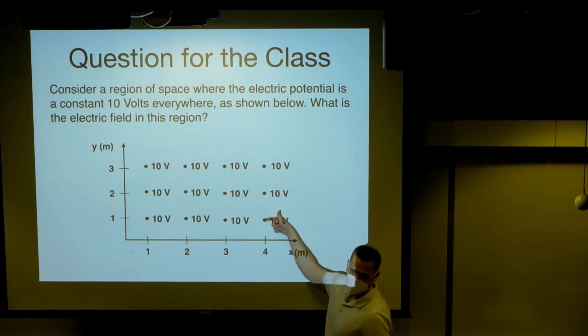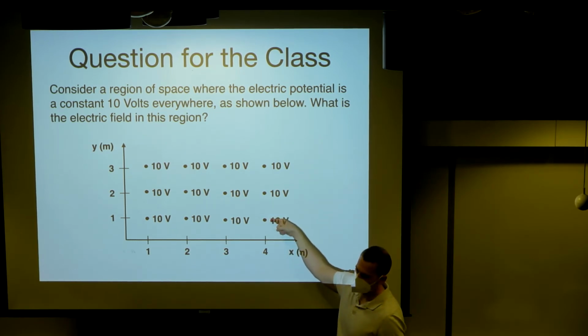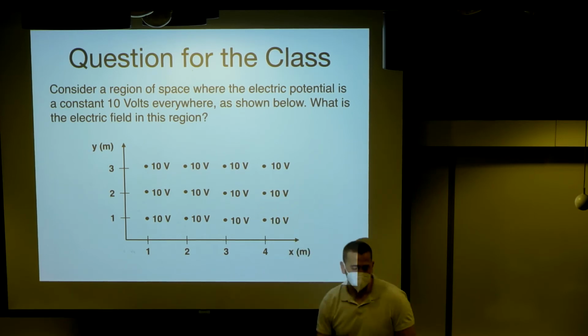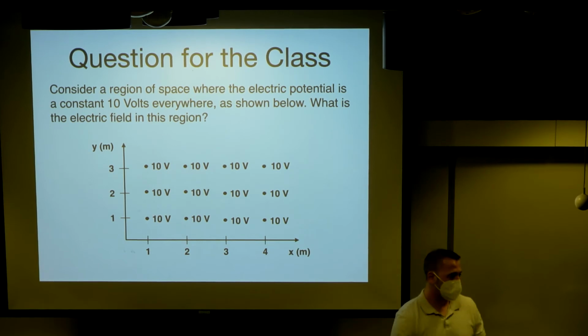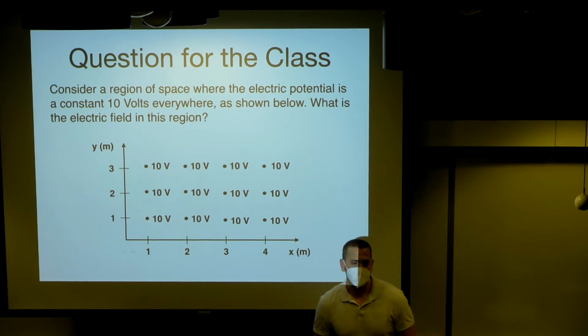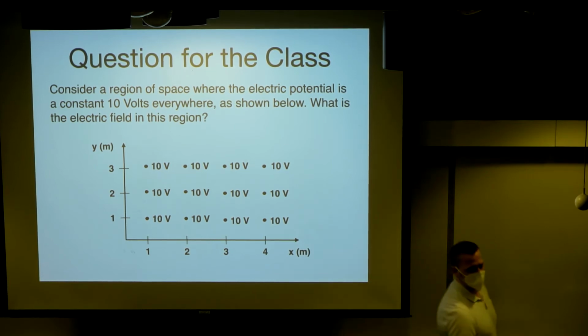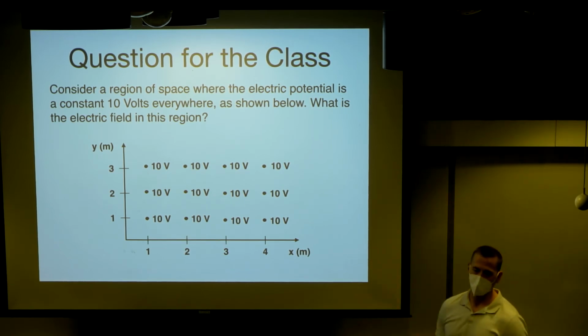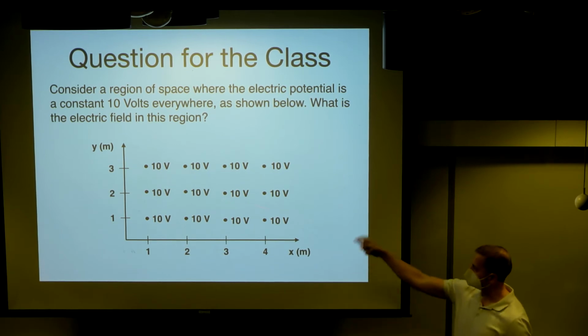And then similarly, if I wanted to know the y component, I would be looking for, as I go along the y direction, how does my voltage change? Well, it doesn't change at all, okay? So there's no y component, and therefore there's just no E field at all. So if your potential is uniform, the same everywhere, that automatically means the E field is equal to 0, okay? Because E field is associated with changes in potential as you move from one point to the next. If it's not changing, you have no E field.